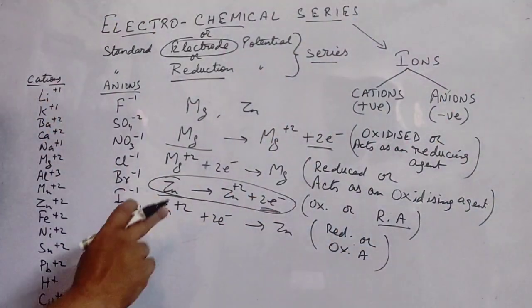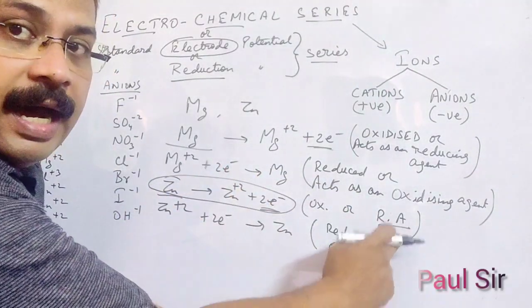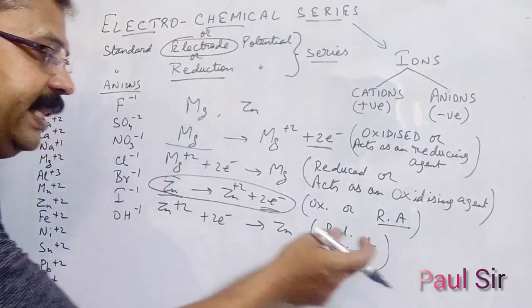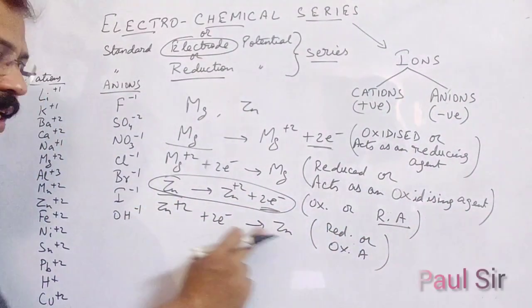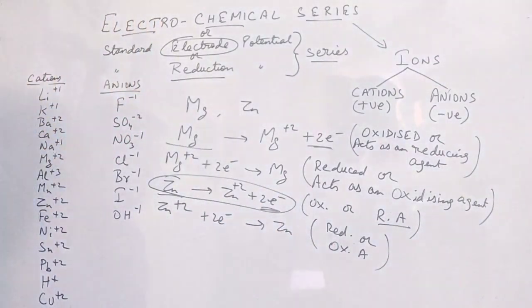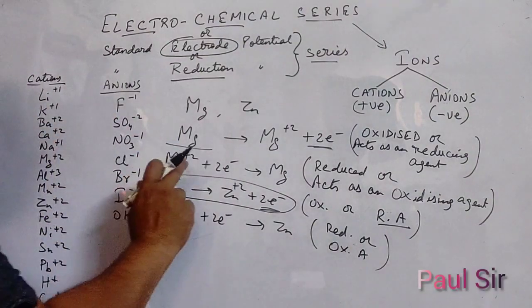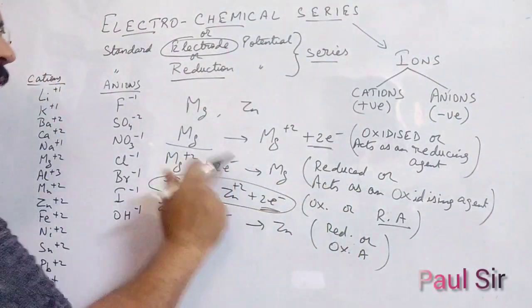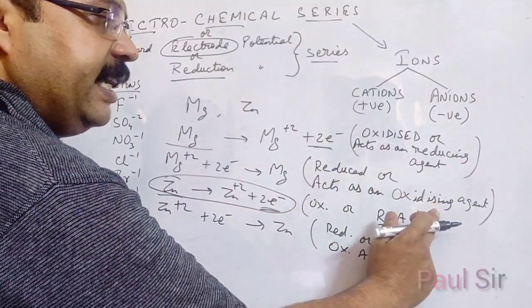Now, if it is not a better reducing agent, then will the zinc ion, which is changing to zinc by taking electrons, be a good oxidizing agent? See over here for magnesium. The magnesium ion is gaining electrons, getting reduced and acting as an oxidizing agent.